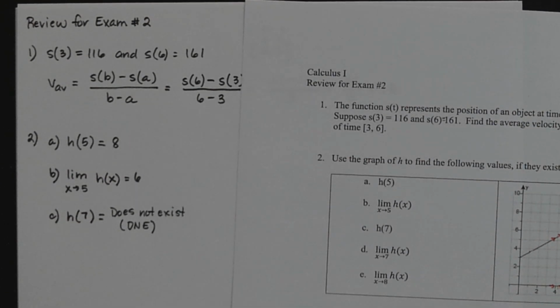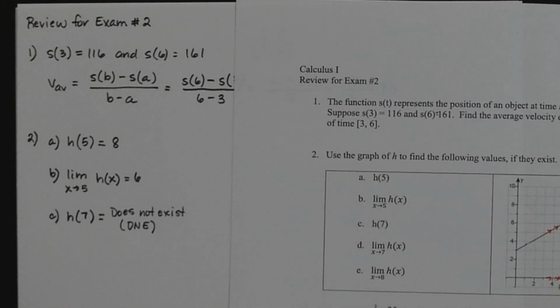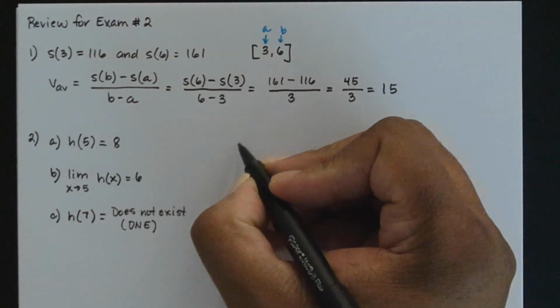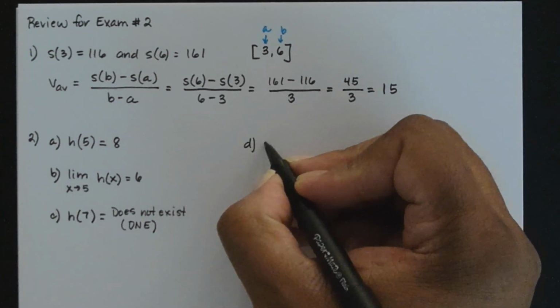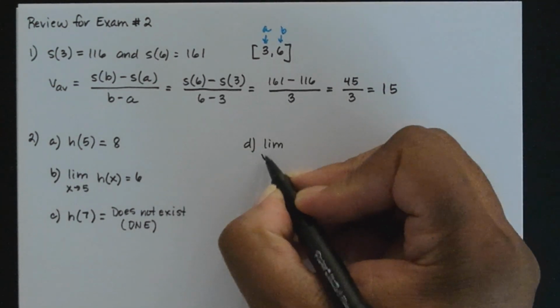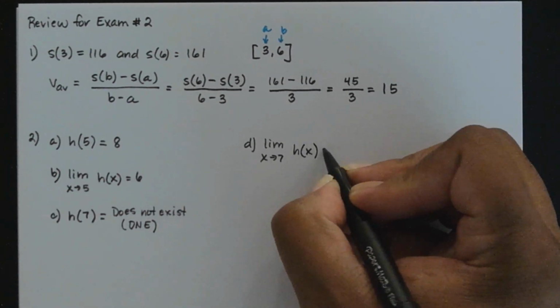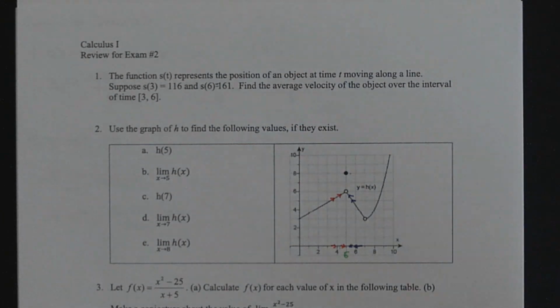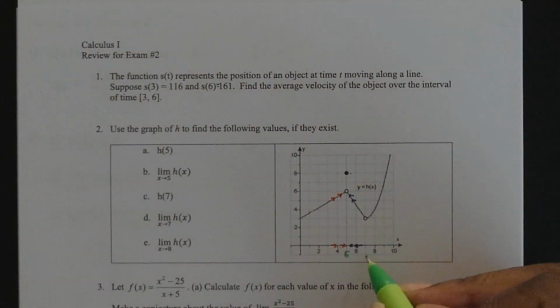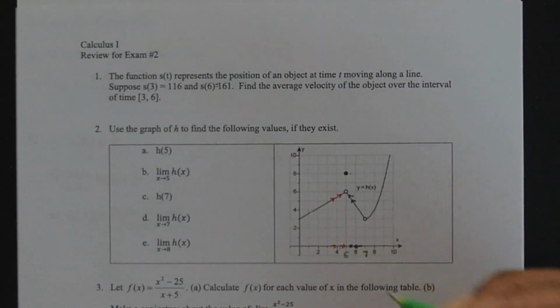All right, now part D is the limit as x approaches 7 of h of x. So in this case, here's 7 right here.